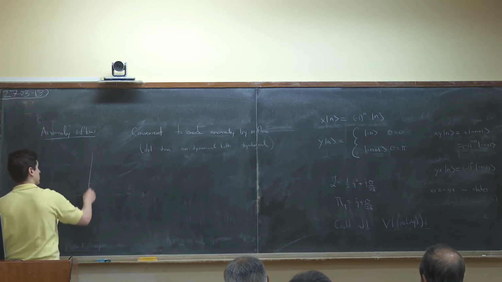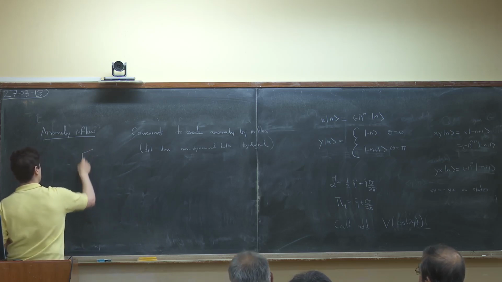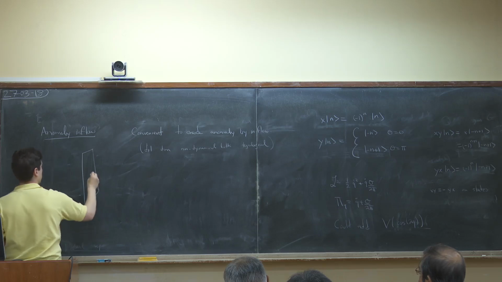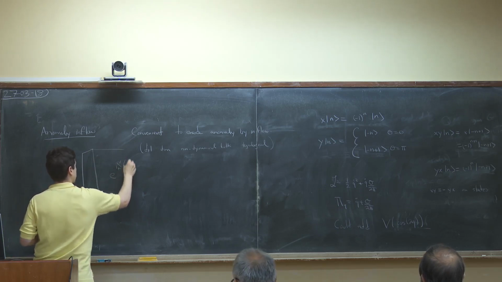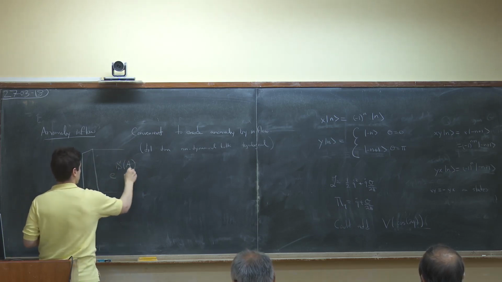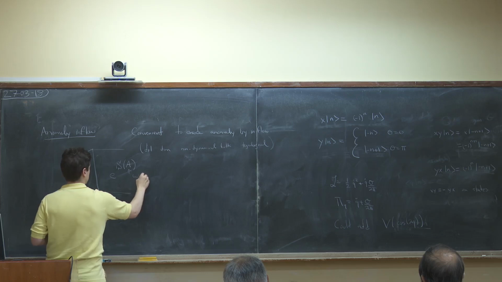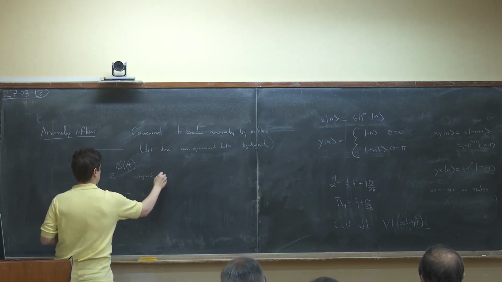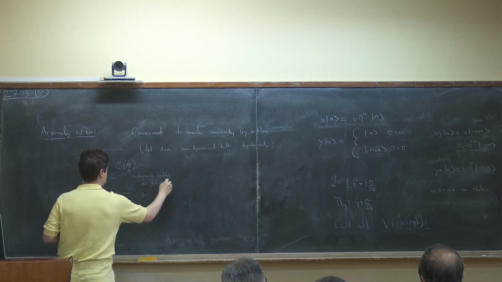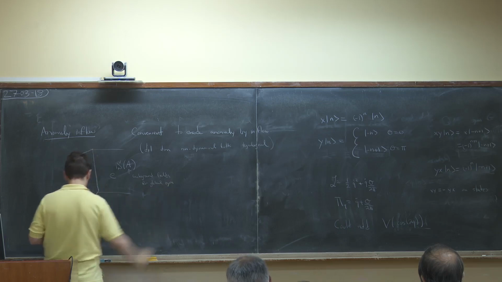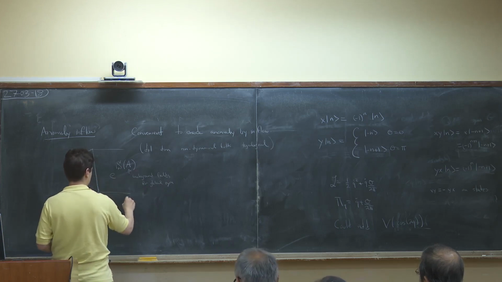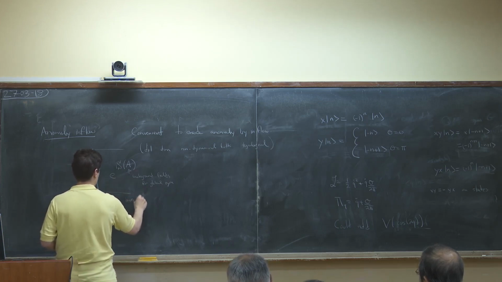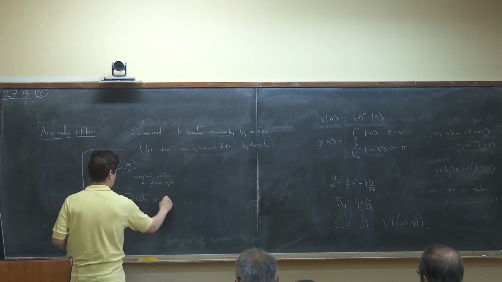The picture, which I'm sure you're all familiar with, is that you have some bulk, and in the bulk we have some local topological action. This depends on the background fields for global symmetries. The lingo is that this thing is invertible, or an SPT.